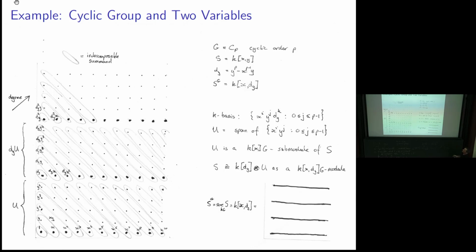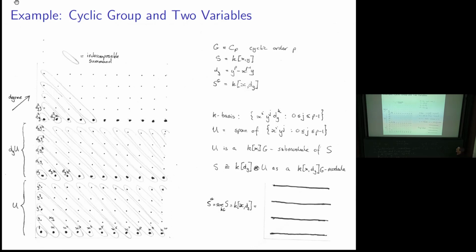It's because all these bits, this bit below the y to the p line is actually a submodule over the group, right? And so if I then multiply it by dy, which is invariant, I get another submodule over the group. Then I get another submodule over the group, and that's this thing, right? The whole thing is this bottom p rows spread out by dy.